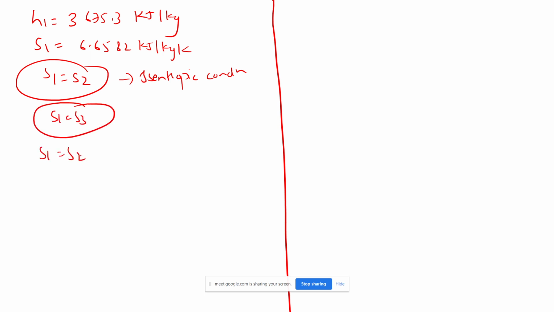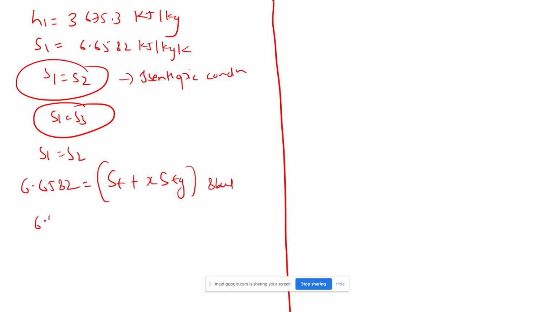So first we will do S1 equal to S2. S1 we know is 6.6582, and S2 for 8 bar pressure we have to determine as Sf plus x into Sfg. They have given this directly, and we have to take it at 8 bar pressure.